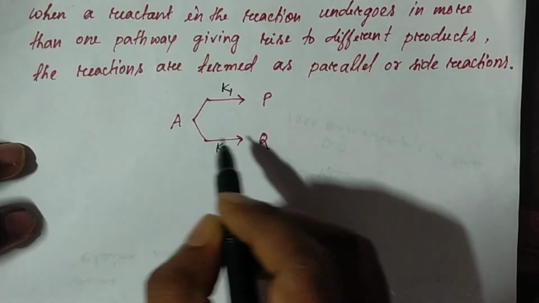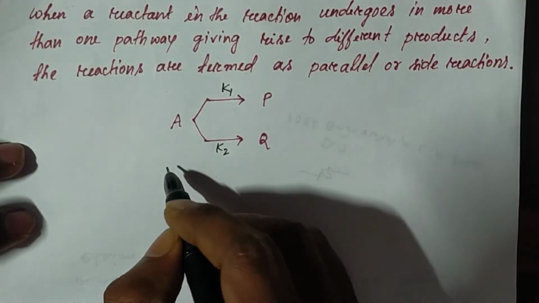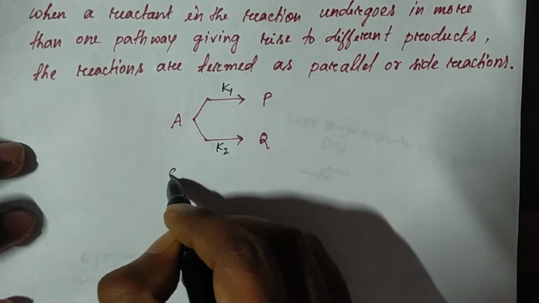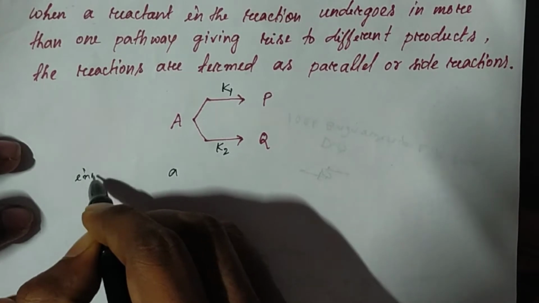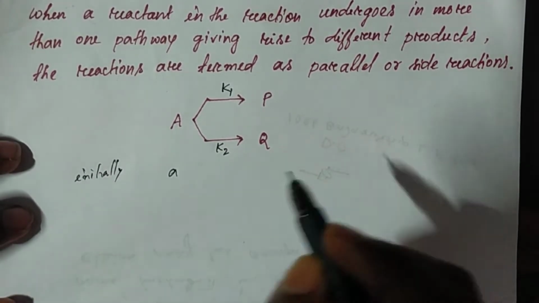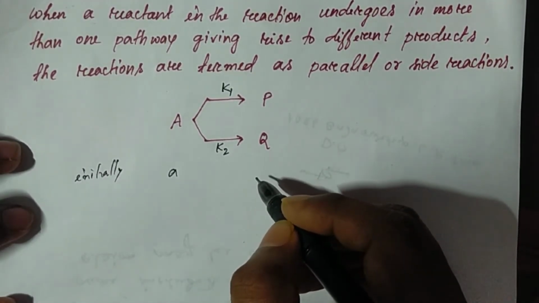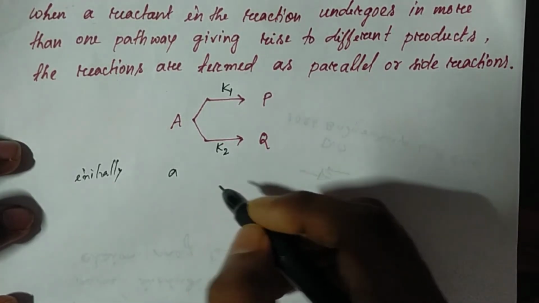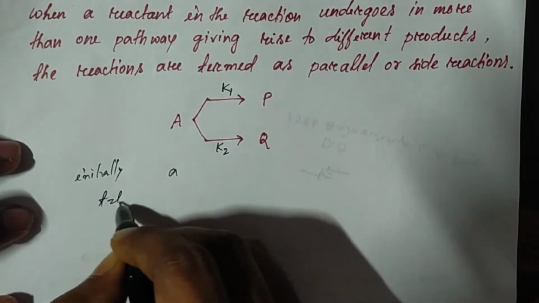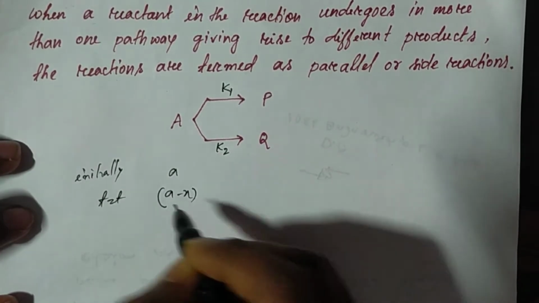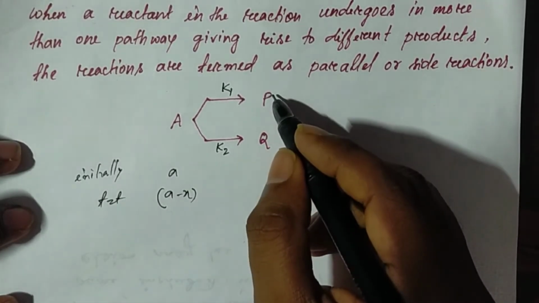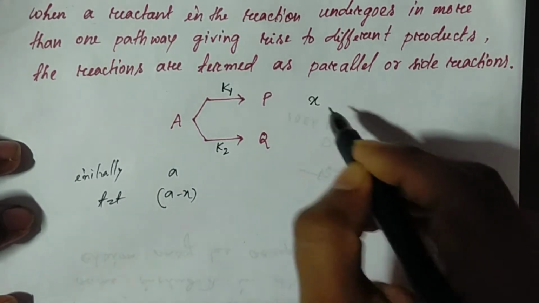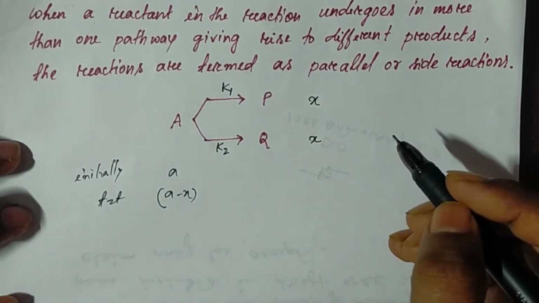In this parallel reaction, let the initial concentration of A be a initially, and after time t it will be a minus x, and the concentrations of P and Q will be x and x.